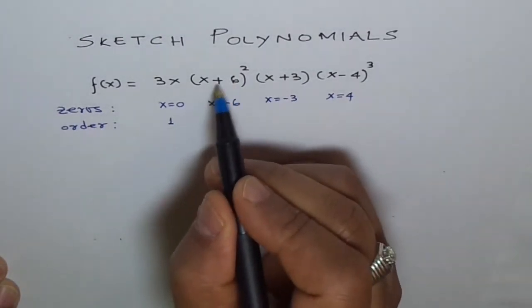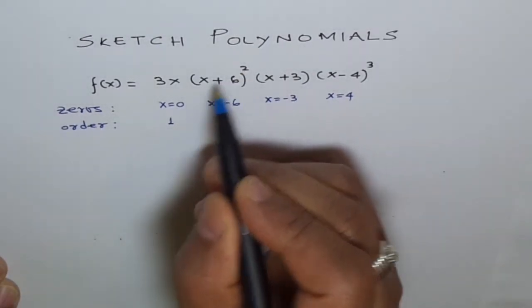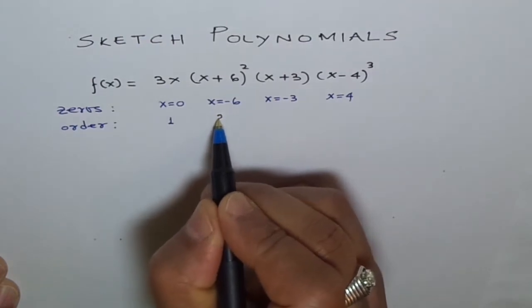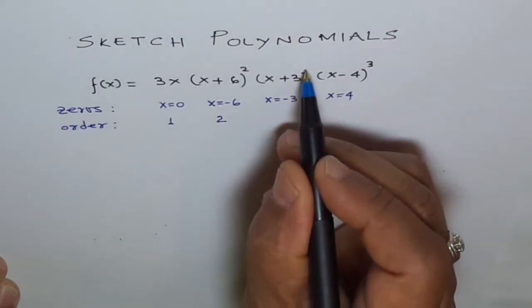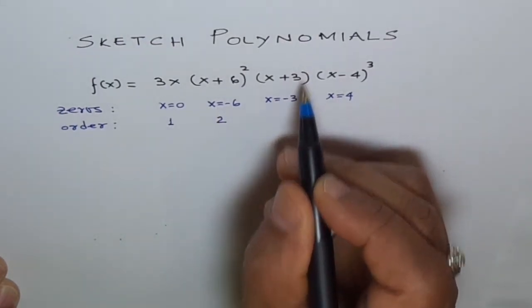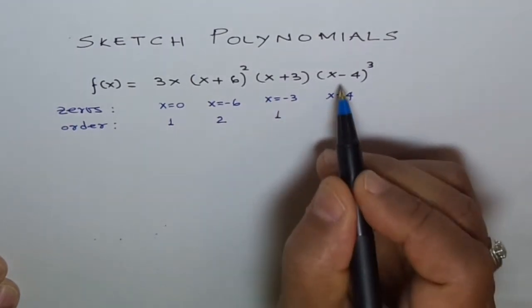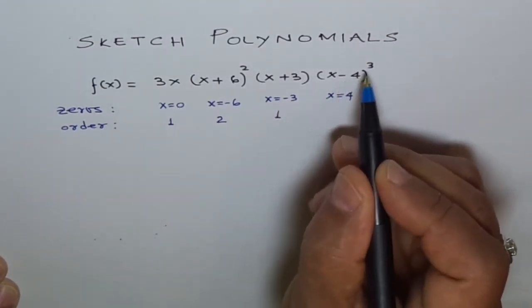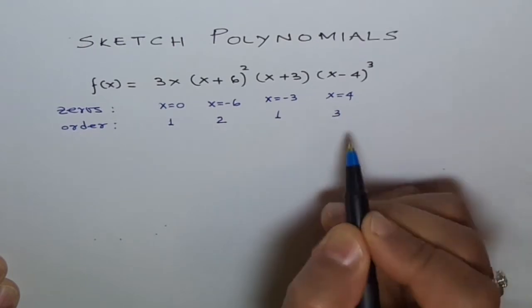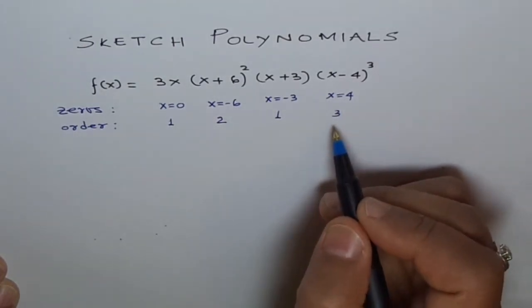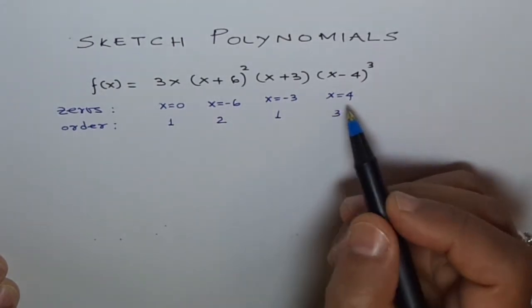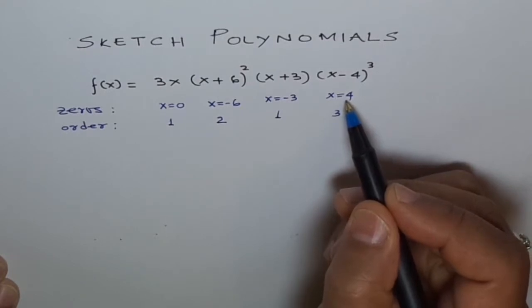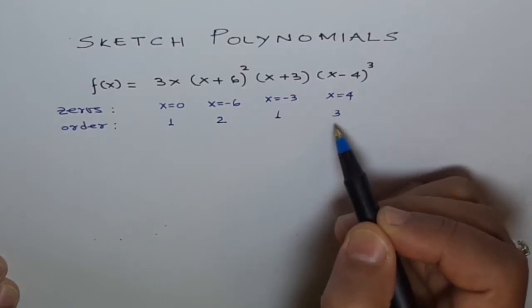What is the power of this? 2. So this is of order 2. And here this is raised to the power of 1, so the order is 1. Here the order or multiplicity is 3. So this is a zero of multiplicity or order 3, correct?